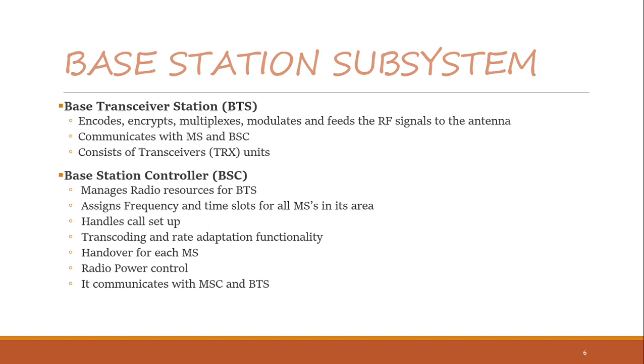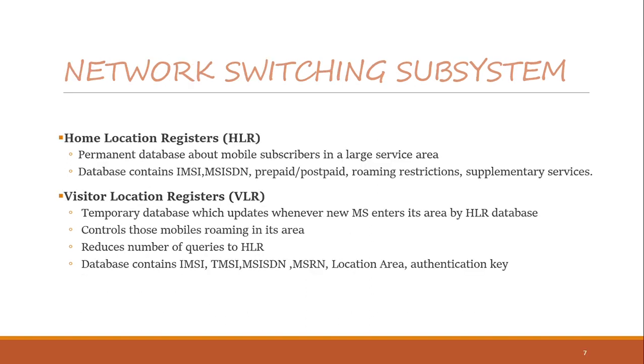We now move on to the next part, which is the network switching subsystem. The network switching subsystem is responsible for performing call processing and subscriber related functions. The switching system includes the following functional units. The first one is the home location register. The home location register is a database that is used for storage and management of subscriptions.